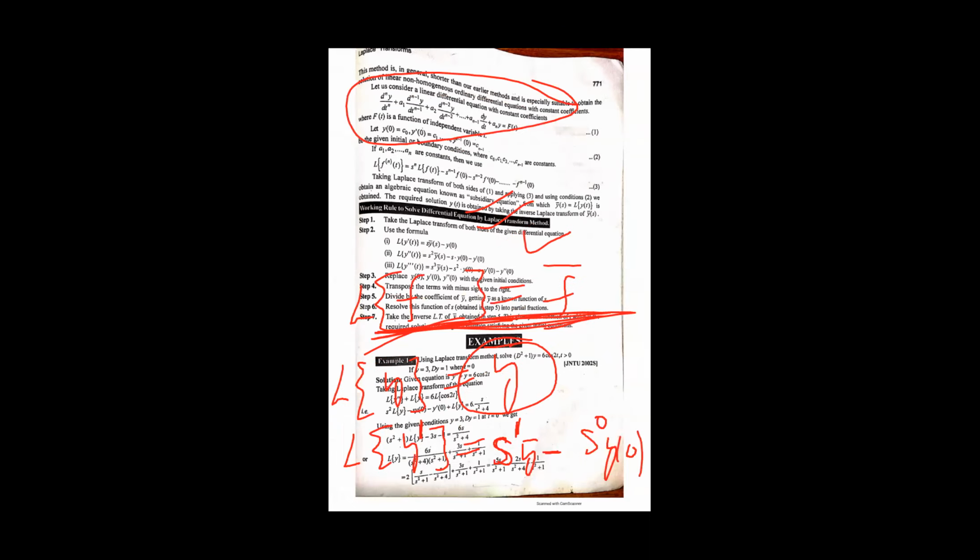This method I will explain on a whiteboard. I'm sharing a whiteboard. Here the terms come like this. First, taking the third degree: s cube, s square, s power 1, s power 0.